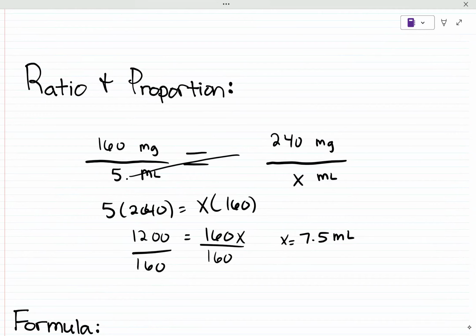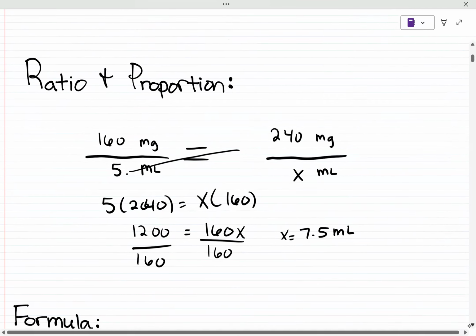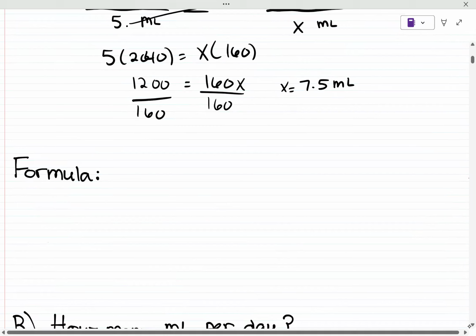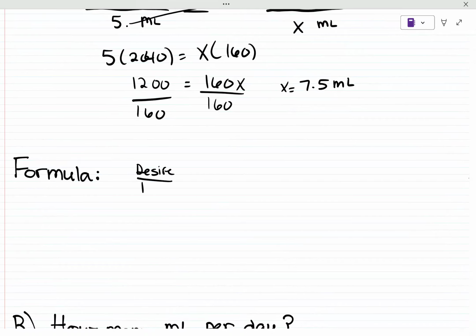Now let's do the same problem using the formula method. The formula is desire over have, times vehicle.